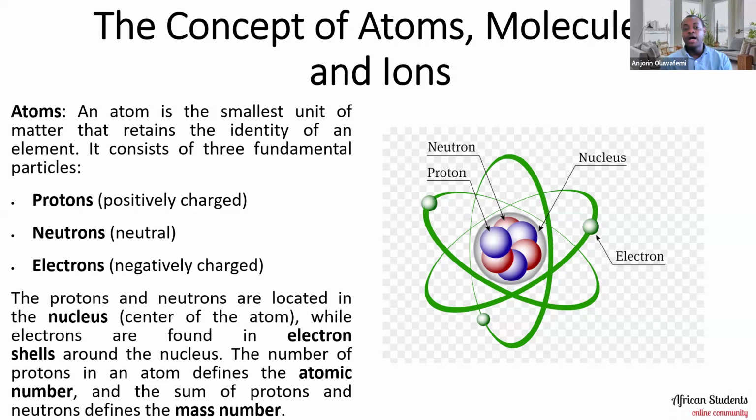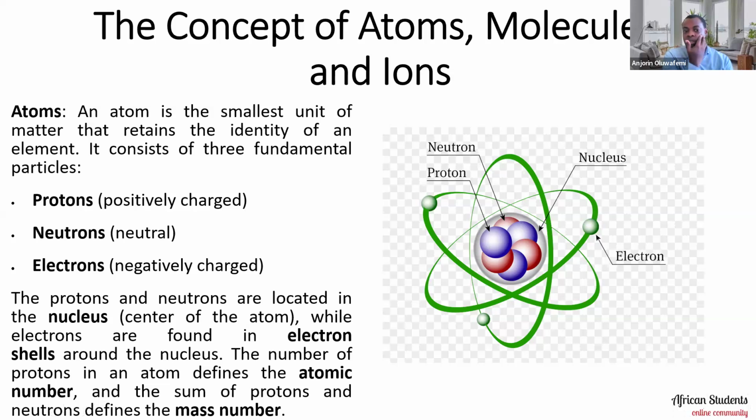These particles are protons, which are positively charged, neutrons, which are neutral and don't carry any charge, and electrons, which are negatively charged. The protons and neutrons are located in the nucleus, as you can see from the diagram on the right hand side of the screen.